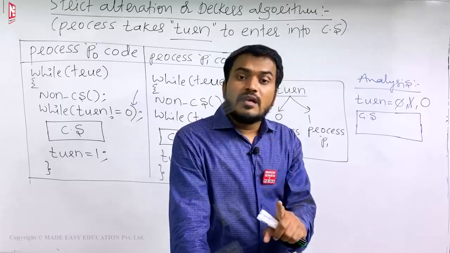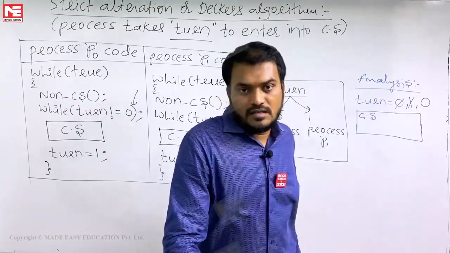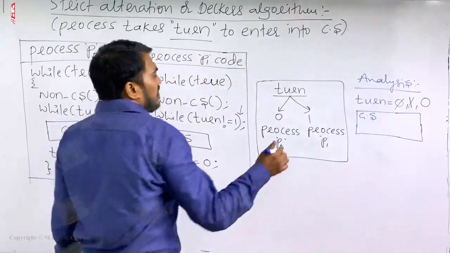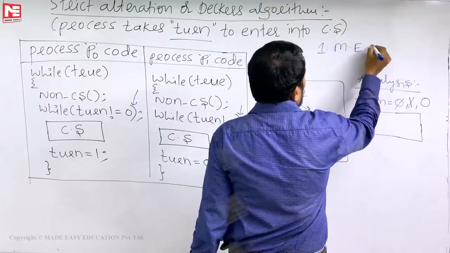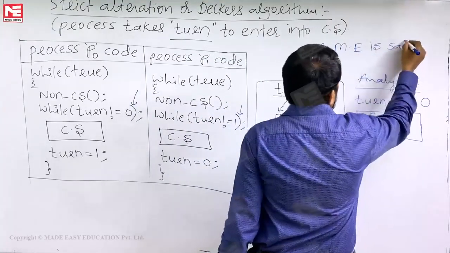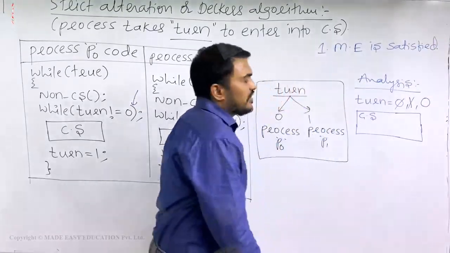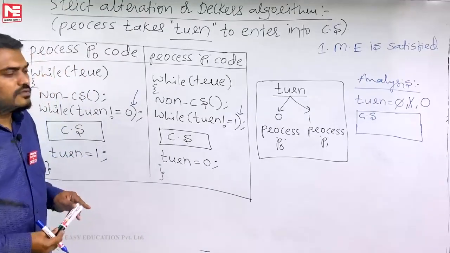So it means mutual exclusion is satisfied. Is the point clear? So that is the first condition we have: mutual exclusion is satisfied.